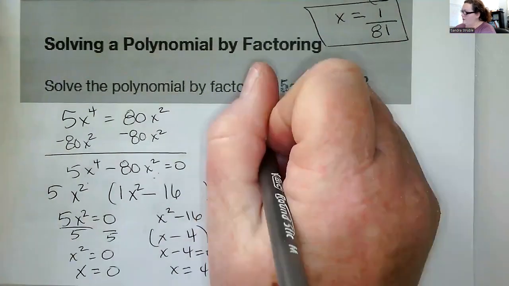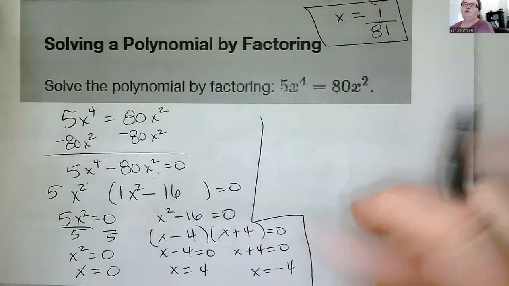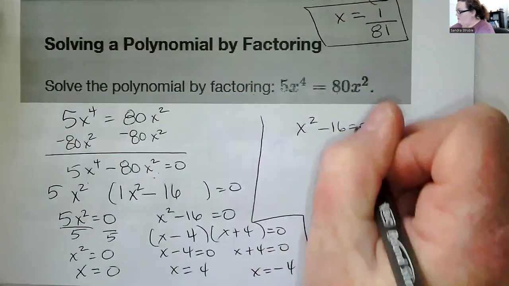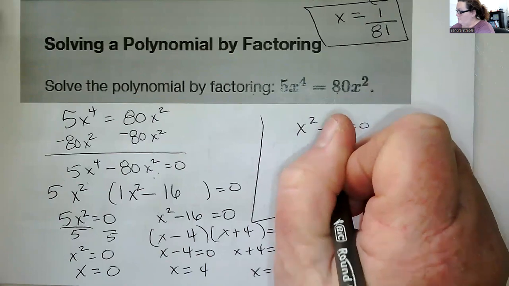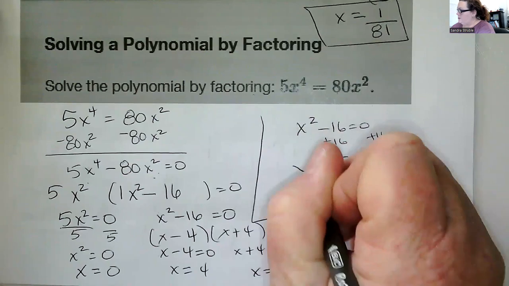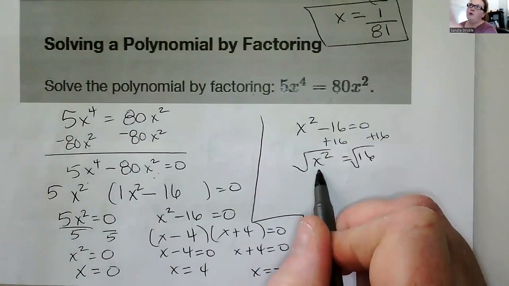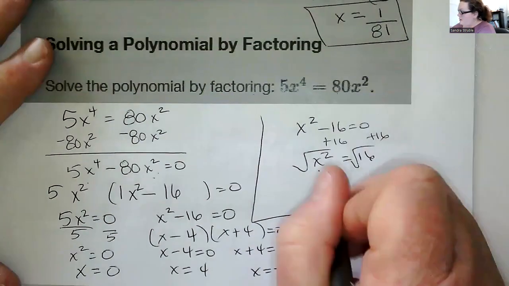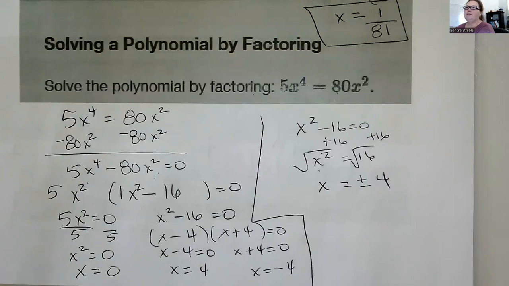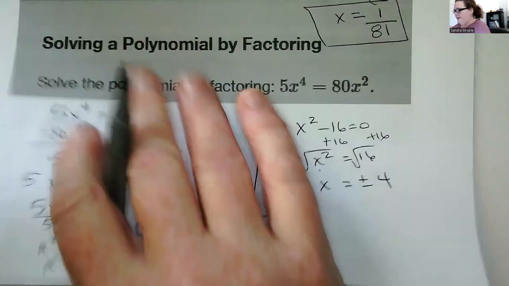The other way I saw whenever I look at this is, well, I can move the 16 to the other side. And I get x squared is equal to 16. Take the square root of both sides since we're solving for x, and the opposite of square is square root. So x is equal to plus or minus 4. Okay, got the same answer. Either way, however you want to do it, totally cool with me. Alrighty.